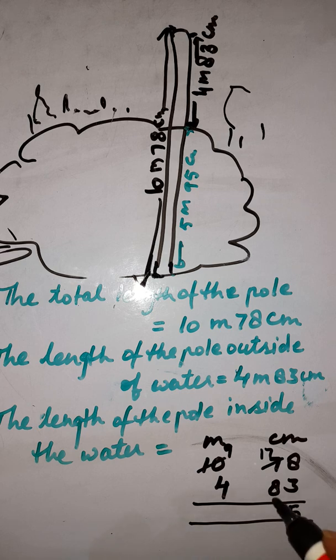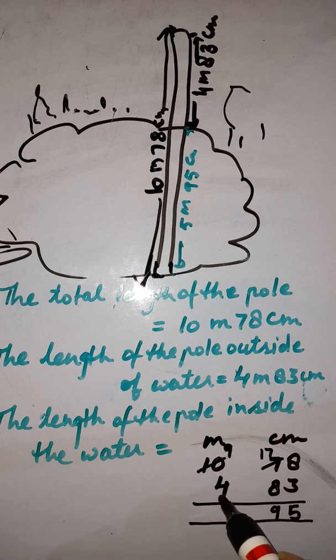Now we'll subtract 8 from 17 and we get 9. After that we'll subtract 4 from 9 and we get 5. So it is 5 meter and 95 centimeter.